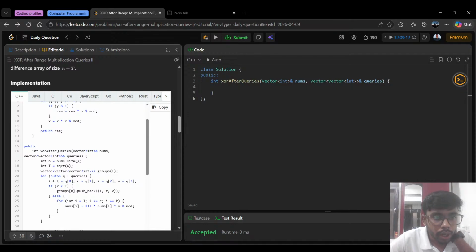They have given int n is equal to nums dot size, t is square root of n.